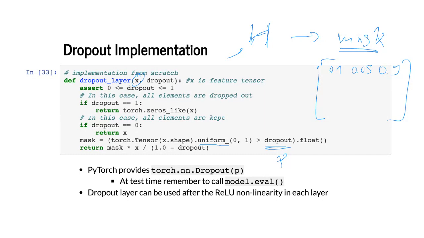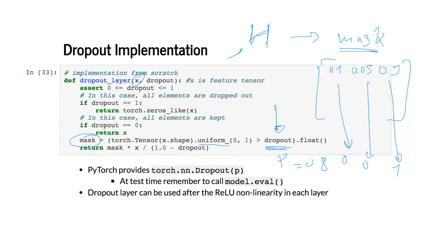And if they are greater than this, then you keep the value. So if P is like 0.8, this will become 0, this will become 0, this will become 1, okay? So you create this mask, you initialize it with random numbers, you apply this threshold, and then out of that, you create a binary mask, okay?